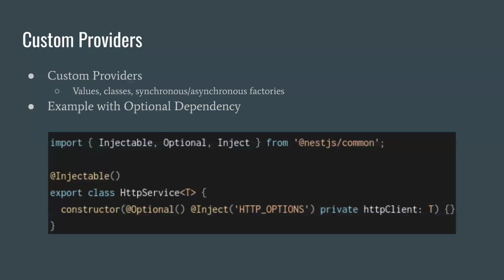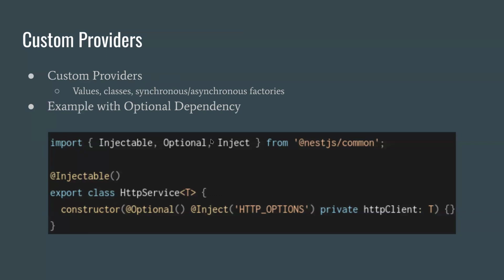Custom providers. So NestJS supports the creation of custom providers. These can be defined using values, classes, and factories. It can be both synchronous and asynchronous. So we have an example of a custom provider using a factory.